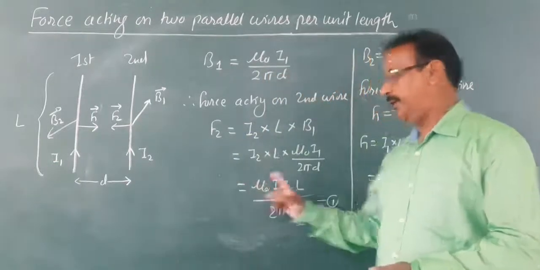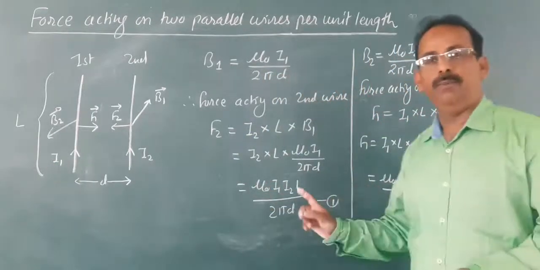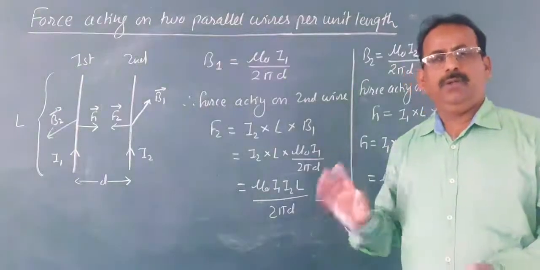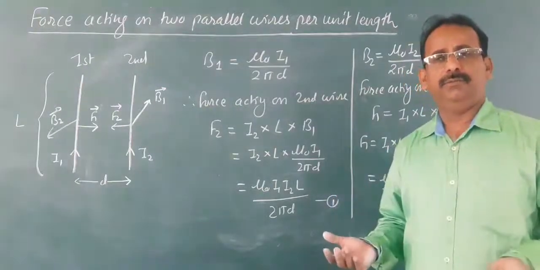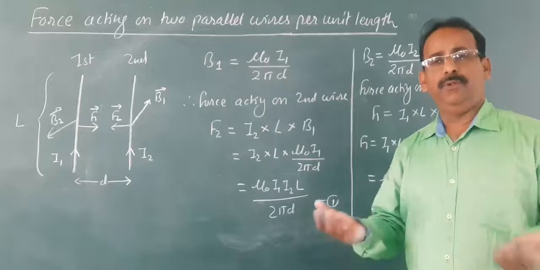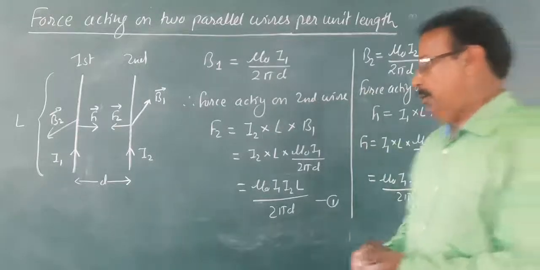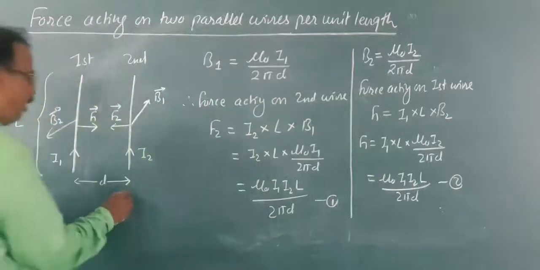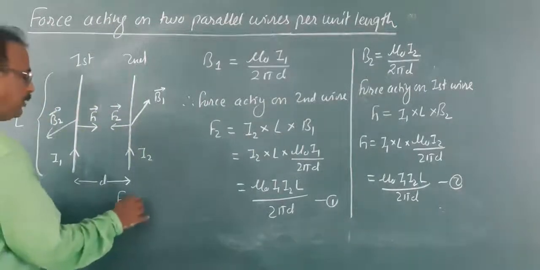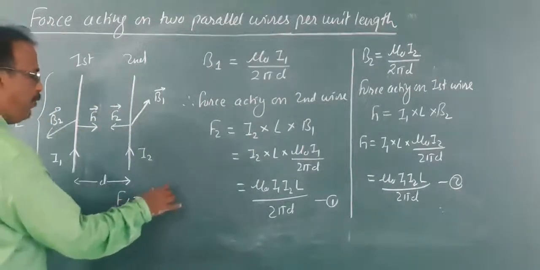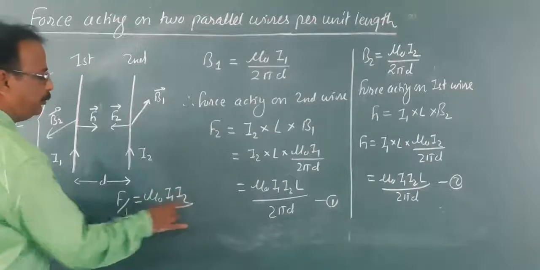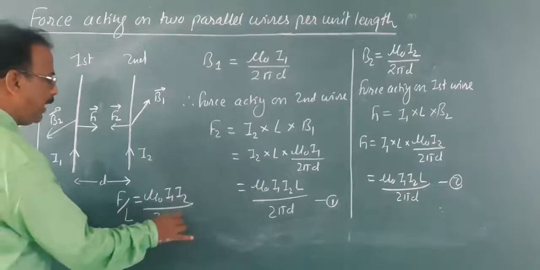This is the force acting on two parallel wires, attractive in nature. The force acting per unit length on this wire is mu 0 I1 I2 upon 2 pi D.